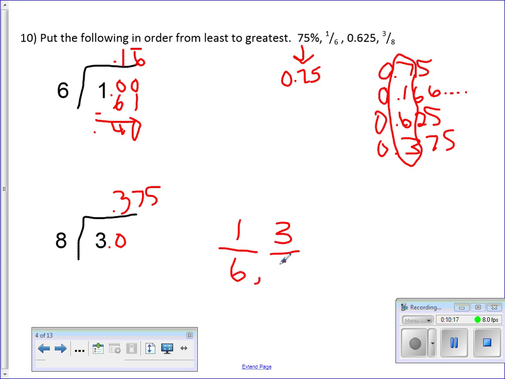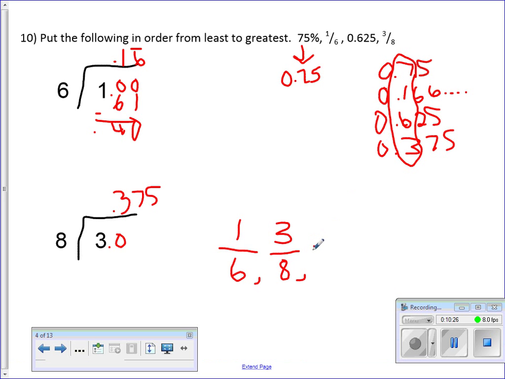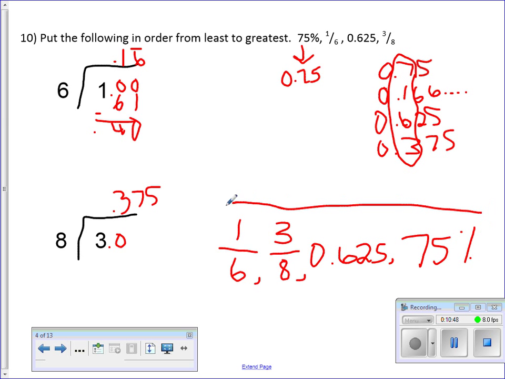Back in its original form is 3/8, so it comes next. My 0.625 comes next. And last is this one right here. In my tenths place, I have a 7, which is the biggest. Oh, I'm sorry. Hold on. 0.625. And then finally, 75 hundredths in its original form is 75%.